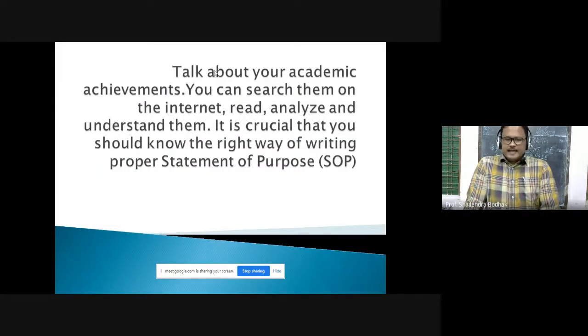Talk about your academic achievements. In your SOP, you should mention your academic achievements. For that, you can search on the internet and read, analyze and understand them. It is very important that you should know the right way of writing a proper statement of purpose, that is SOP.